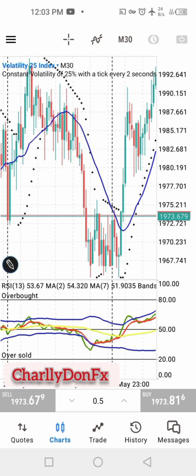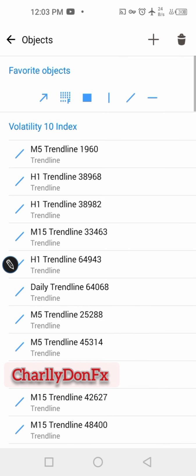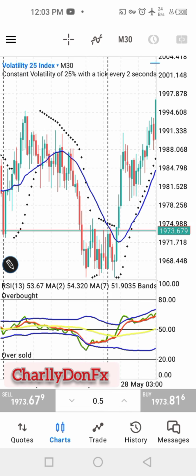Now, let's take from the same 27. If you agree with me, this was the low on the 27th. You take the low of any previous day to analyze the present day. You mark out the low of the previous day, right?